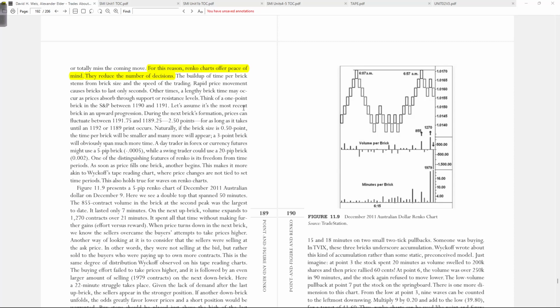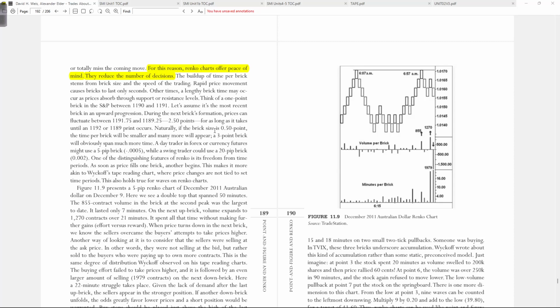Let's assume it's the most recent break in an upward progression. During the next break formation, prices can fluctuate between 1191.75 and 1189.25, which is 2.50 points, for as long as it takes until a 1192 or 1189 print occurs.